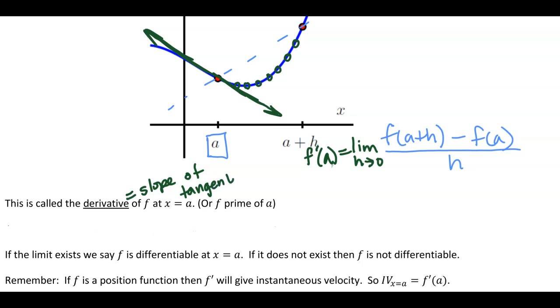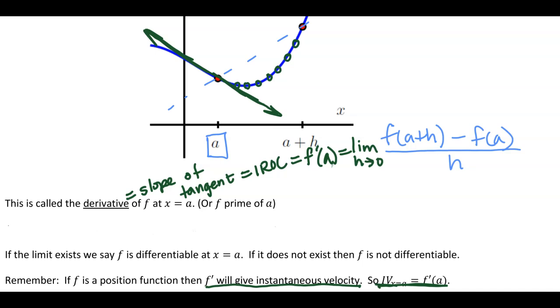It means the exact same thing as instantaneous rate of change. And if your original function is a position function, then f prime will give instantaneous velocity. So instantaneous velocity at x equals a is exactly the same thing as f prime of a. Again, assuming that your f is a position function.